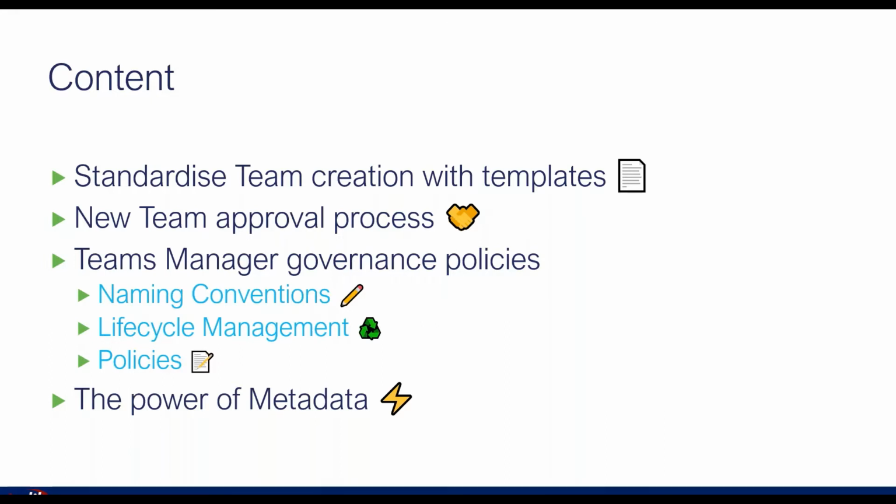And finally, we're going to be looking at the power of metadata. So as part of Teams Manager, you've got the ability to attach more information as part of a team, so you can prompt for extra metadata which you can use as part of the naming conventions and the policies within the governance policies of Teams Manager.